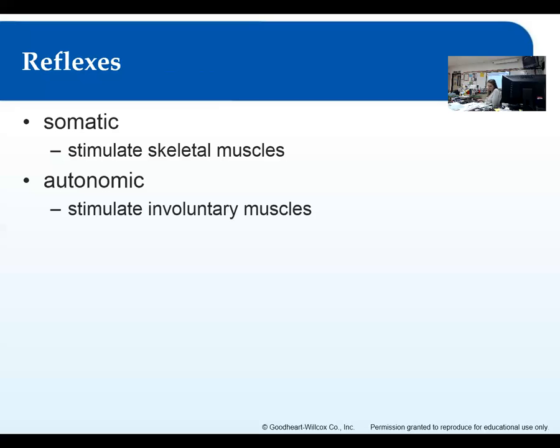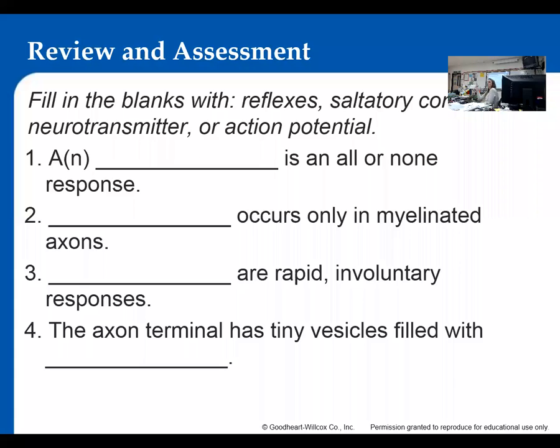And there's tons of those. Some of them are stretch reflexes, like when your stomach stretches, it stimulates your small intestine to start churning and moving food through it. When you start thinking about food, there's another reflex.